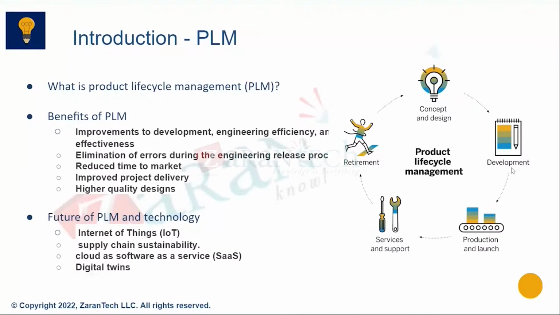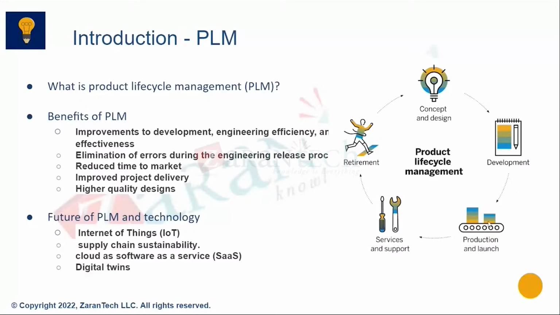Once the development team receives the concept and design of the idea from the previous team, the design team, they will start the development. And once they complete the development, they will hand over for production.